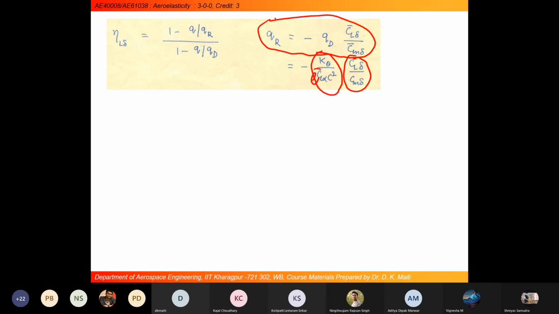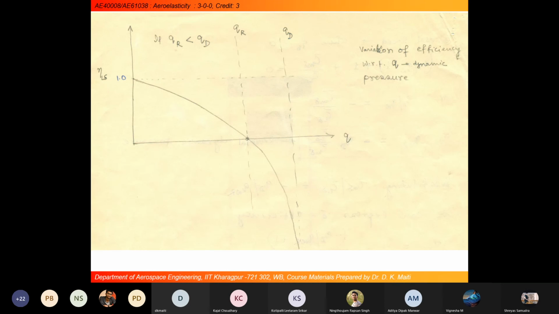So K minus K theta by CL alpha C square multiplied by CL delta divided by CM delta. So finally, if I plot this, we will be getting it here.